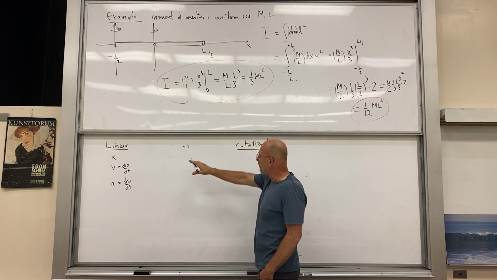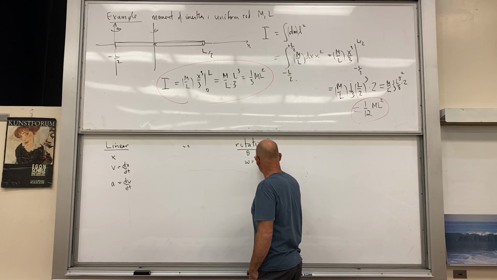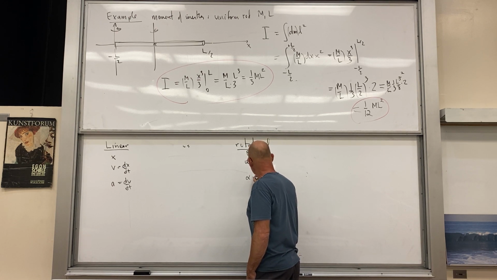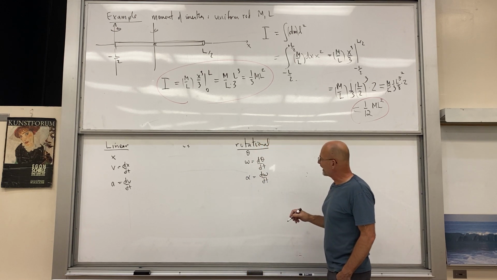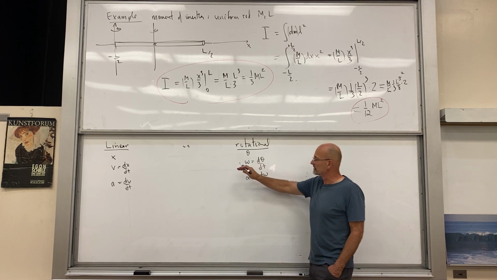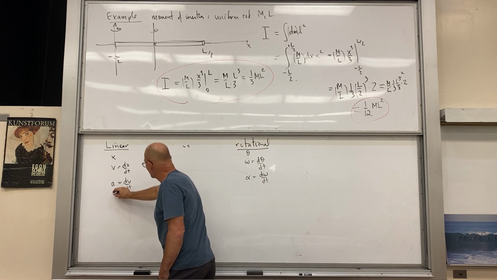When you learned this in 4A, you had theta, omega equals d theta/dt, alpha equals d omega/dt. So you could say the kinematics translates very nicely. So there's your kinematics.